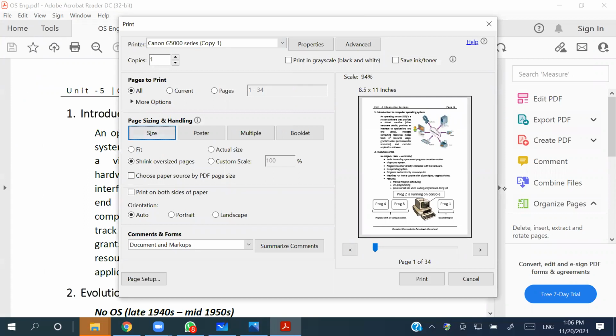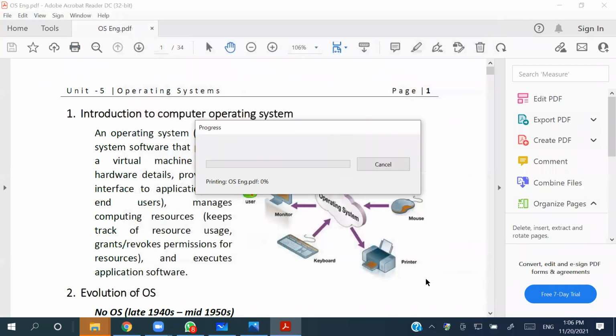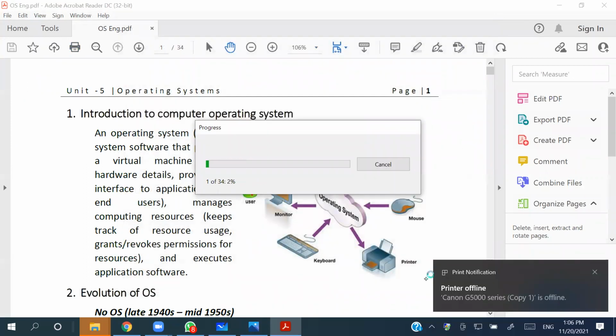Let's look closely whether we are going to find the word spooling. Flattening, flattening.